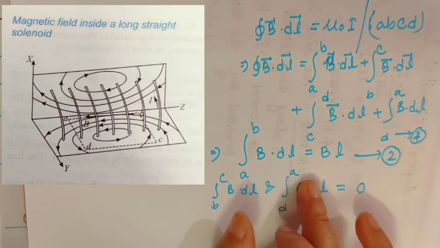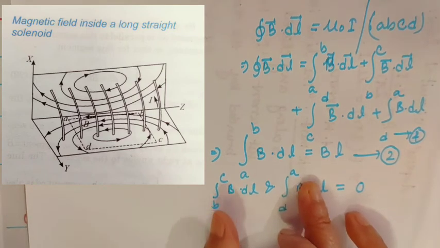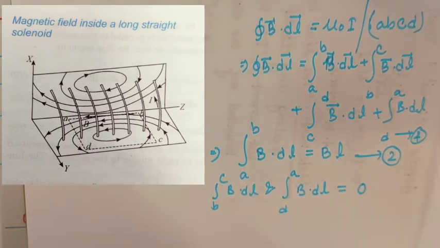These both integrals are 0, since for every element of this segment B is at right angles to the segment. The line integral C to D B dot dl along the segment CD is also 0, since B is equal to 0 for all external points near the center of the long solenoid.